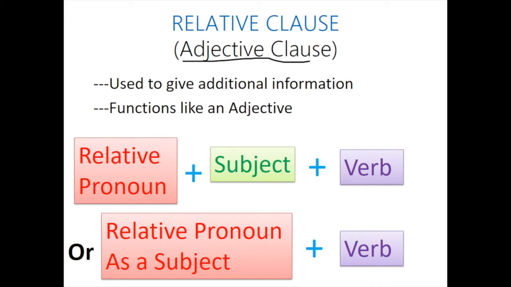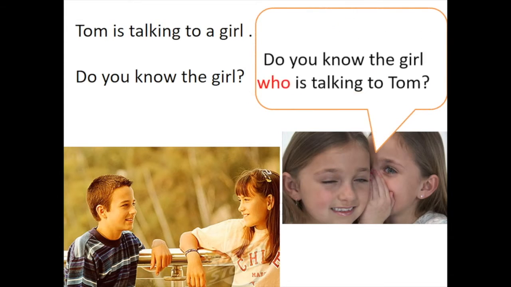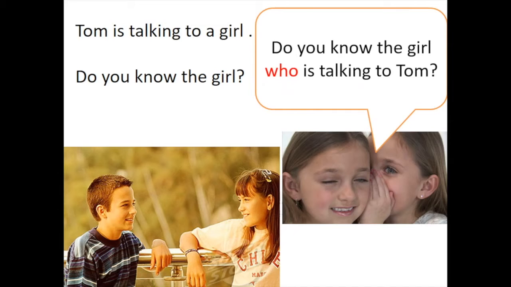Now let's look at this example. Tom is talking to a girl. Do you know the girl? So these are two different sentences, but we have the same character between them: the girl. So we can construct a sentence like this: Do you know the girl who is talking to Tom?